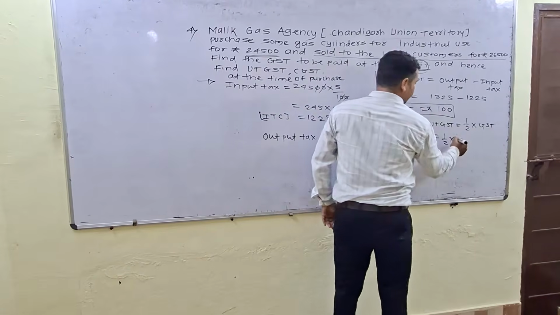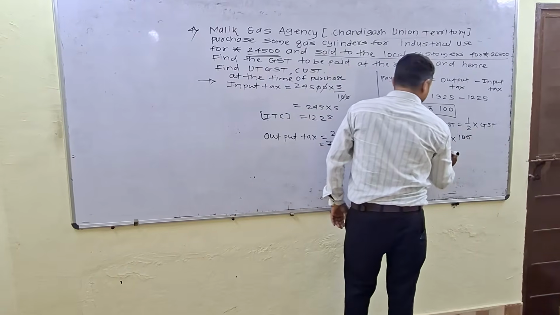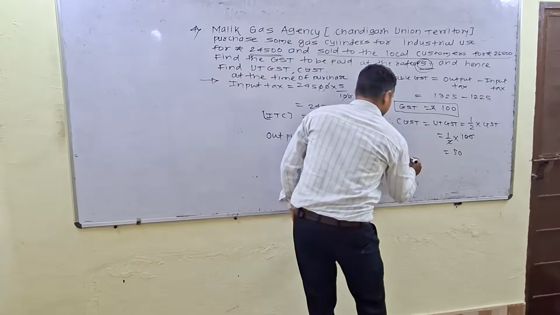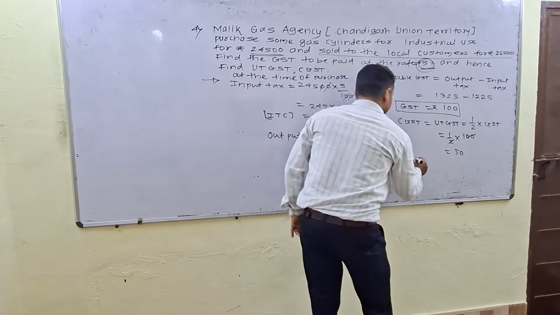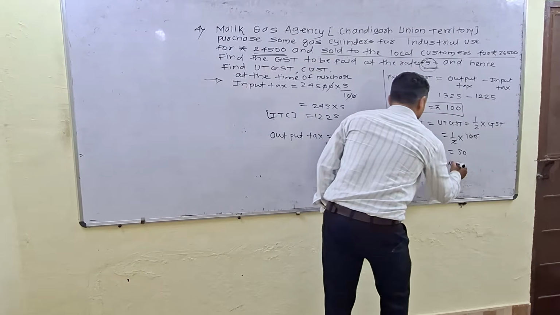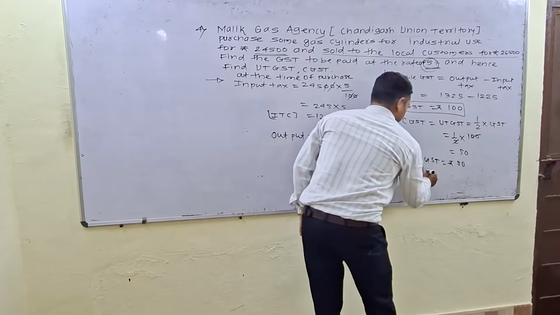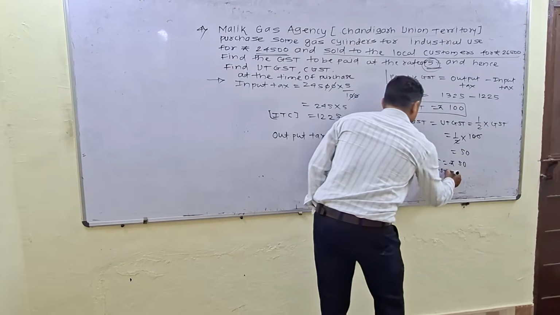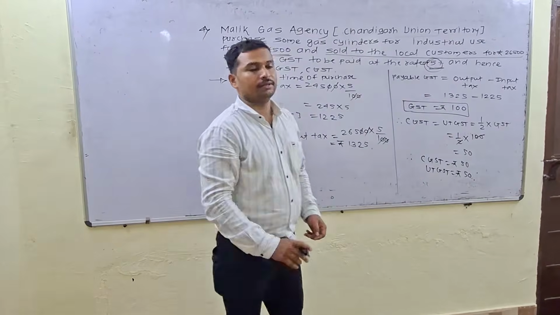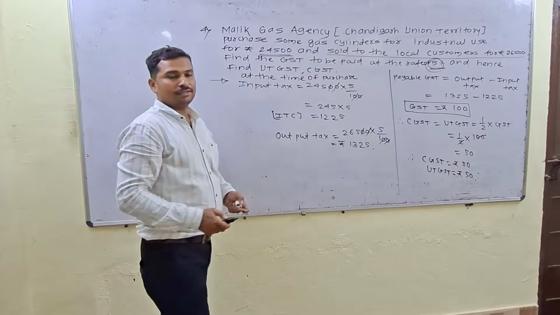What is the amount of GST? 100 rupees. Divide by 2, you get 50 rupees. So CGST is rupees 50 and UTGST is rupees 50. That's your right answer.